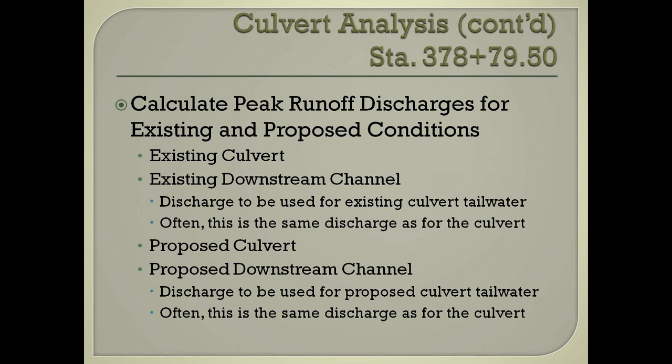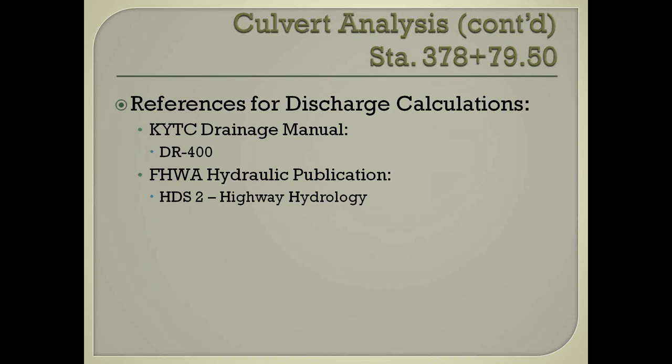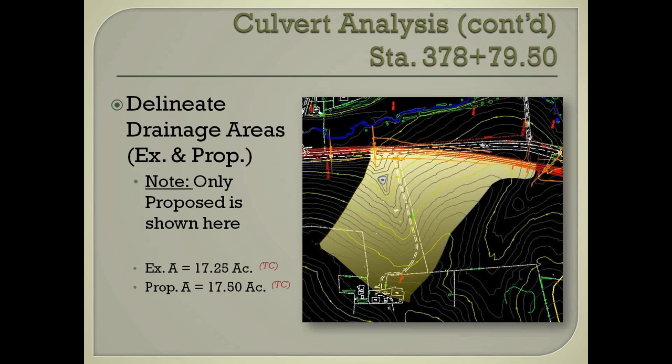And so we look at the existing culvert pipe upstream of the culvert, and also immediately downstream, because every once in a while it can be different, but we need to look at the downstream channel for the tailwater data. We also do the same thing for the proposed culvert. References for this are in our Drainage Manual, Chapter 400, also HDS2, Highway Hydrology.